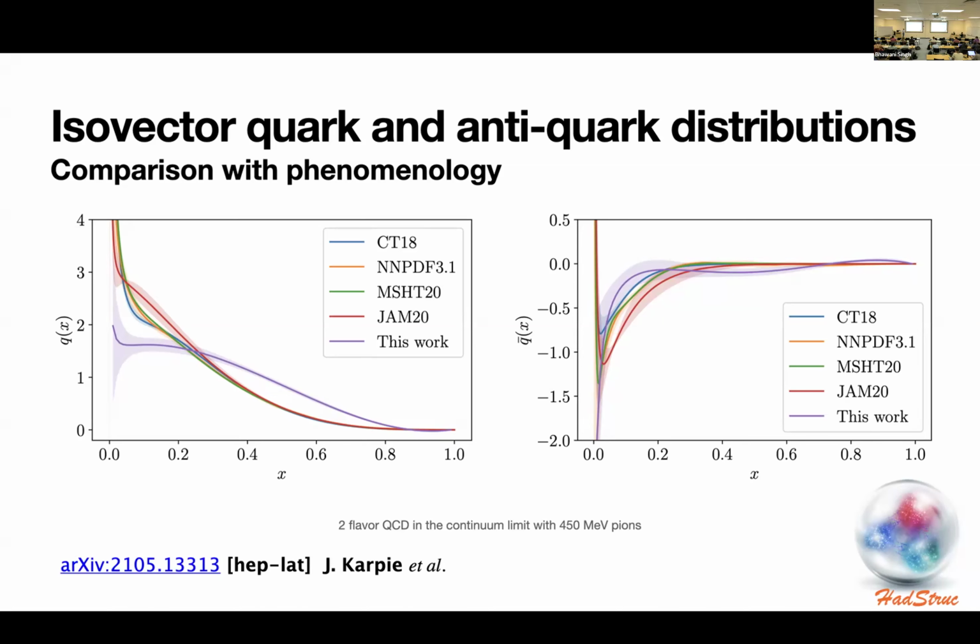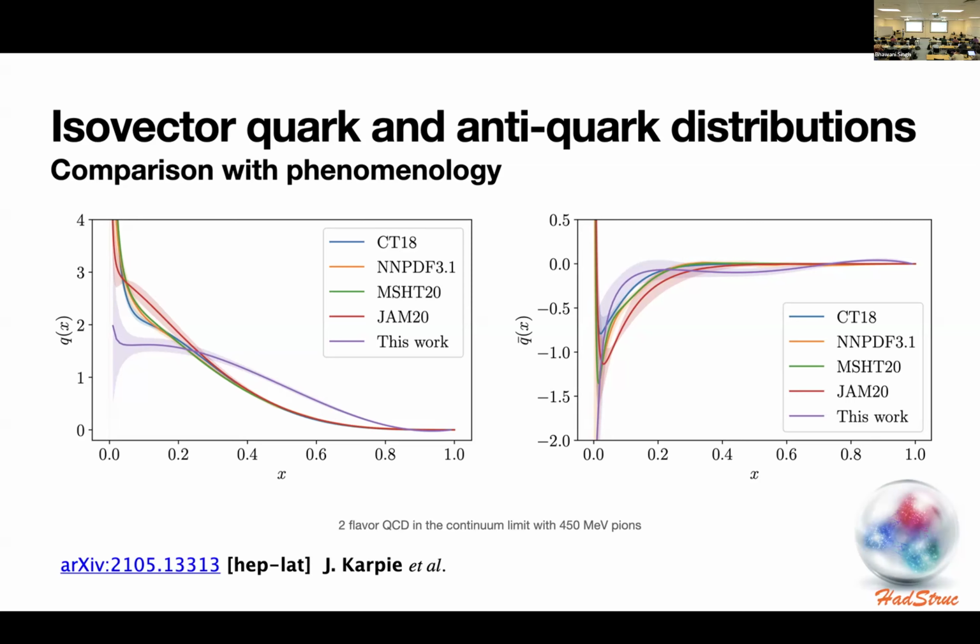The quarks are not light as they are in QCD, but for computational reasons, I use quarks that give me pions that are pretty heavy, 450 MeV. They are more like kaons than pions. And this is the computation you get from the lattice by doing this Bayesian inference methodology that I described.